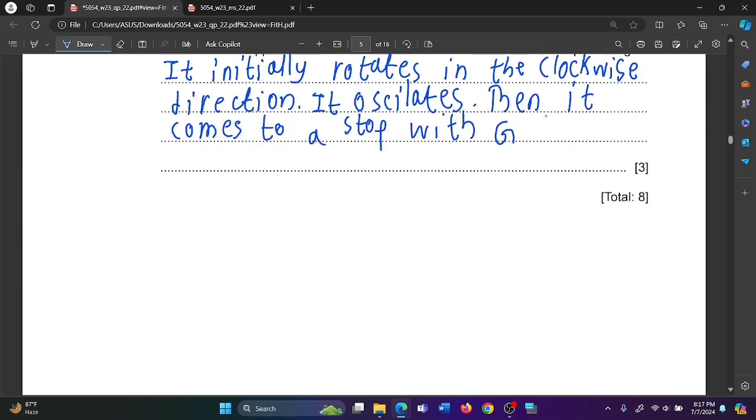With G vertically below, because we know that the weight acts vertically. So if G is vertically below the pivot, then the perpendicular distance between the center of mass and the pivot becomes zero. So zero moment. So with G vertically below the pivot.